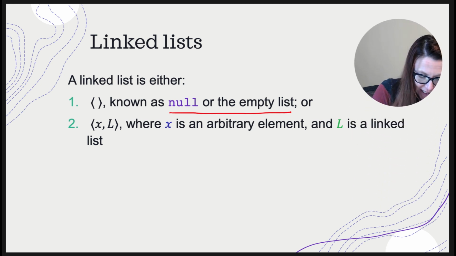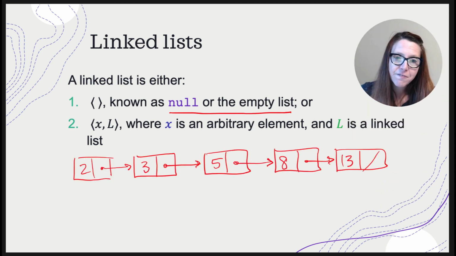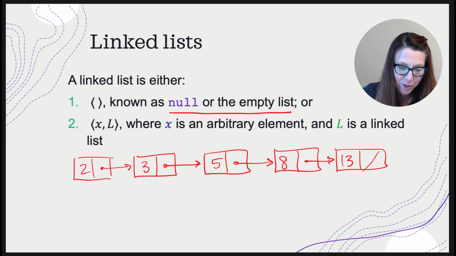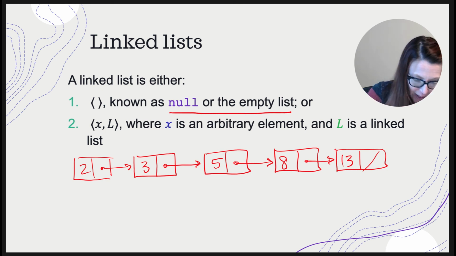So for instance, if I were to create the following linked list, which has a subsequence of 5 elements from the Fibonacci series in it, 2, 3, 5, 8, 13, what we see is that this could be represented in the following way.